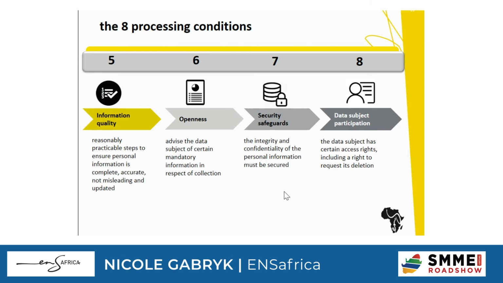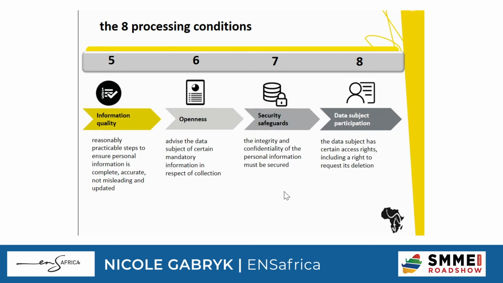Finally, it's very important that you look after and safeguard the information that you keep in your possession. Importantly, POPIA doesn't only apply to electronic databases or electronic forms of personal information.